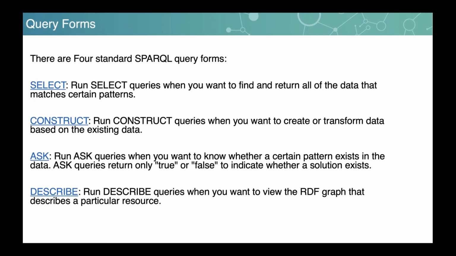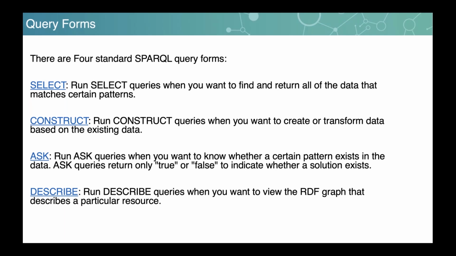So you can run a select, which will go and query the data and return all the data that matches the graph patterns and the filters and the other things that you've set up. You can also call a construct statement, which is in the place of the select. So instead of a select, you would be executing a construct statement. It's a different type of query, and it returns basically a graph. So this would return RDF.